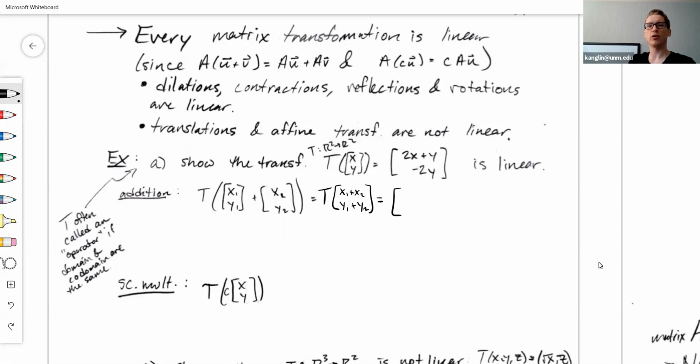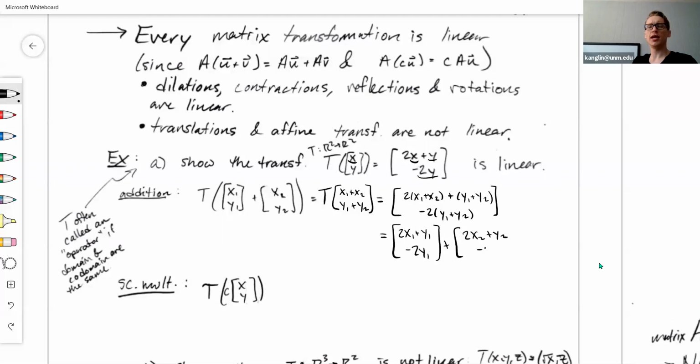Well, I get in the first component 2 times what was in the first component of the input, plus what was in the second component, and negative 2 times what was in the second component goes into the second component. So this is what we're left with. But notice I can break this up pretty freely. I could rewrite this as (2x1 plus y1, negative 2y1) plus (2x2 plus y2, negative 2y2).